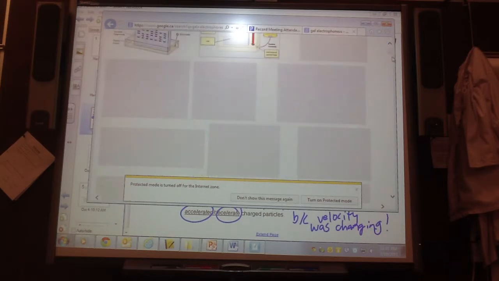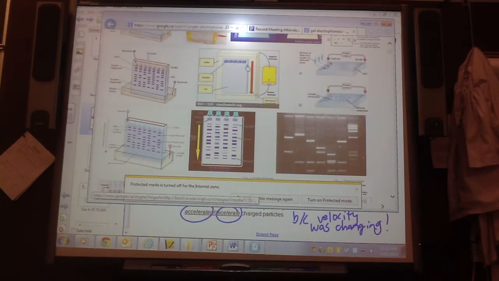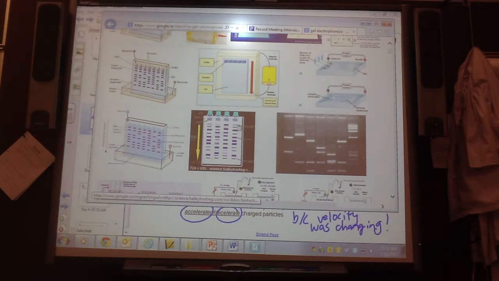So here, say they set up these parallel plates and put a battery in. They put the DNA in the gels, and it flows toward the positive end. Then you end up with something that looks like this. These are bands of DNA, and they have very specific lines.